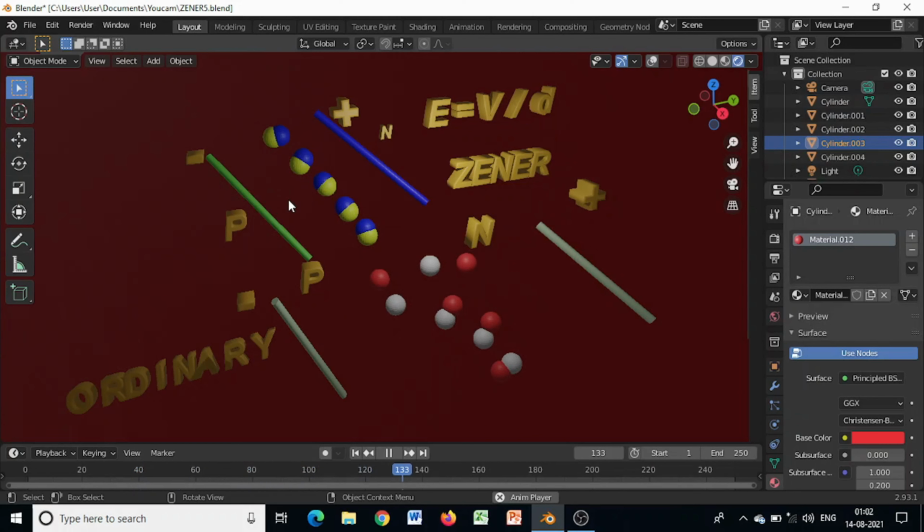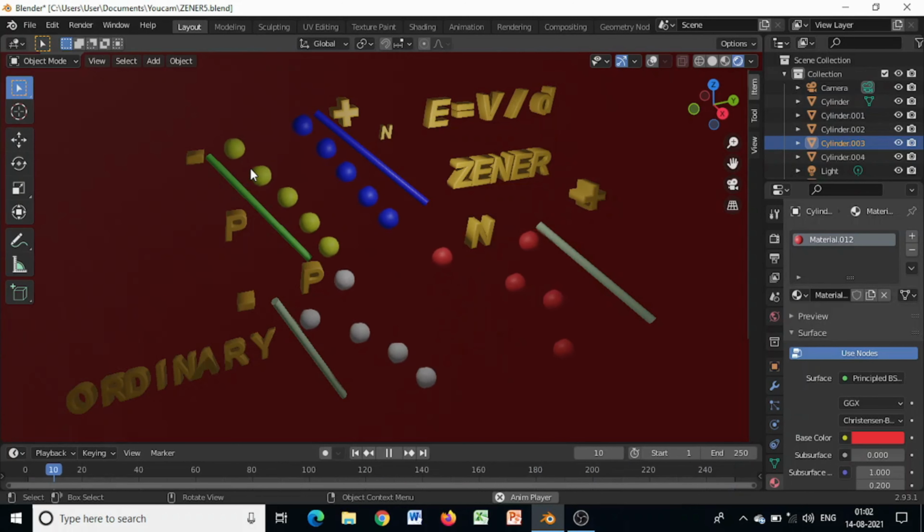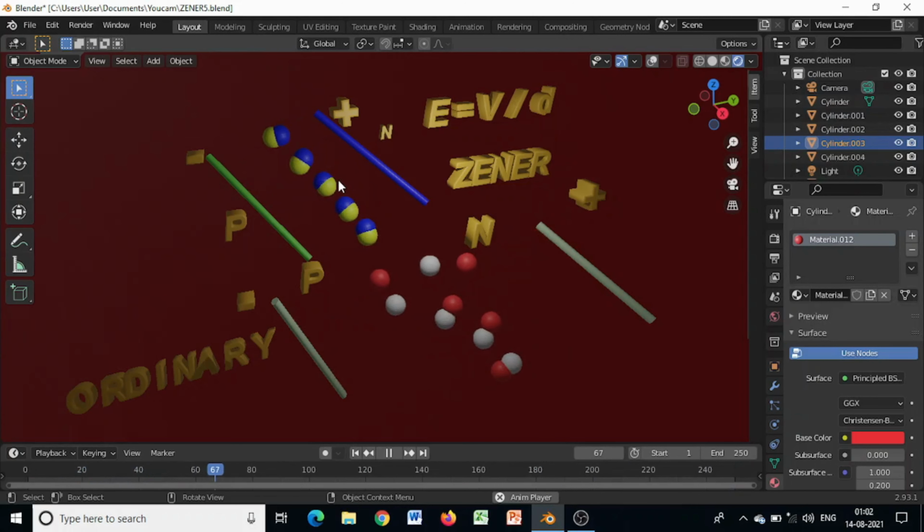Remember that each electron and hole leaves behind positive donor atoms and negative acceptor atoms respectively. These ions create the barrier potential. Here, for example, 5 electrons and 5 holes recombining at the junction create this necessary barrier potential of 0.7 electron volt.